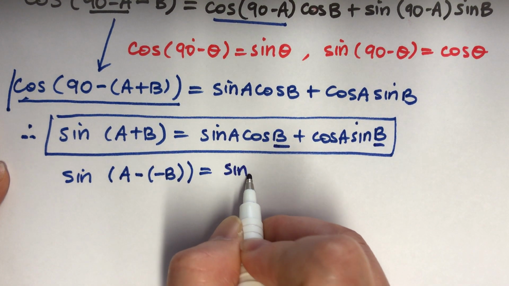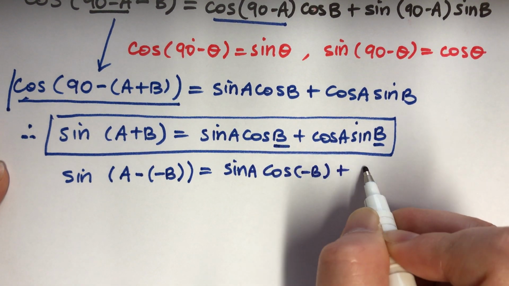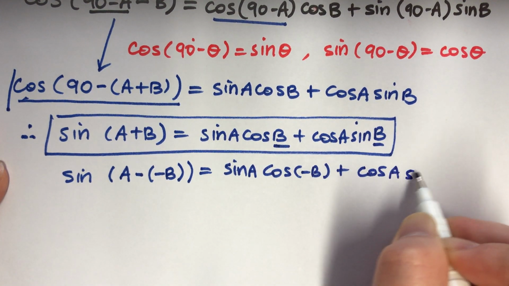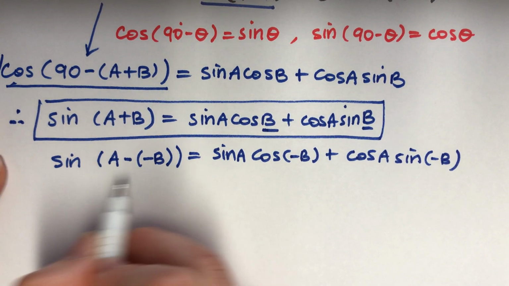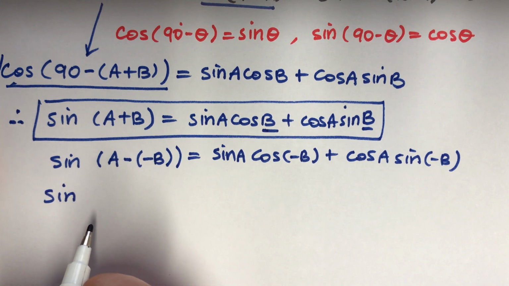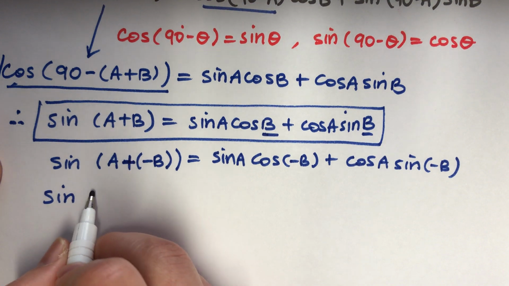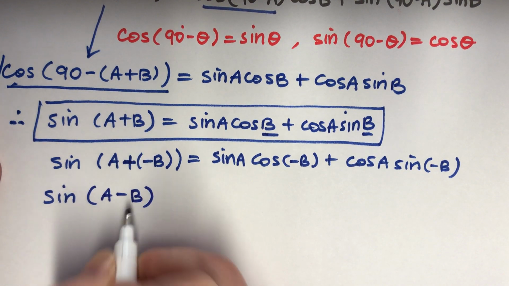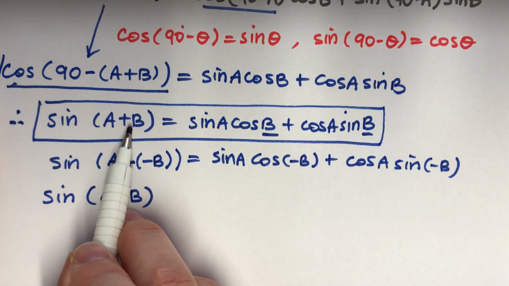So sine A cos(minus B) plus cos A sine(minus B). Okay, so this whole thing will become sine(A minus B), yeah? Because we want to just substitute the minus B in there.